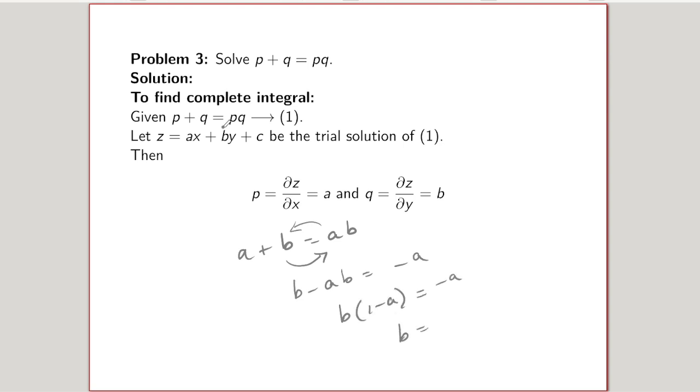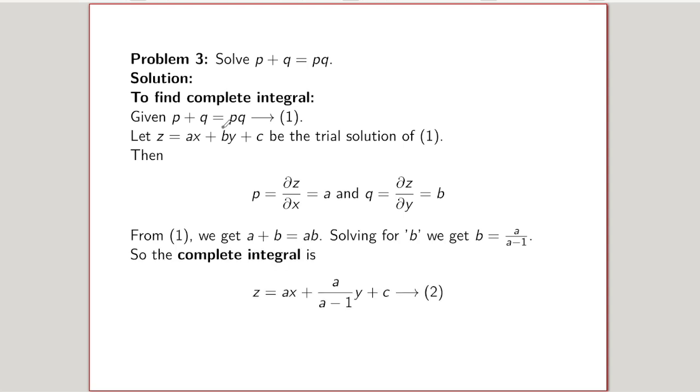So b can be written as minus a divided by 1 minus a, or bringing that negative sign to the denominator, we can write it as a by a minus 1. So now our solution will be z is equal to ax plus a by a minus 1 into y plus c. This is our complete solution, because there are two arbitrary constants a and c and two independent variables x and y. So this will be our complete integral.